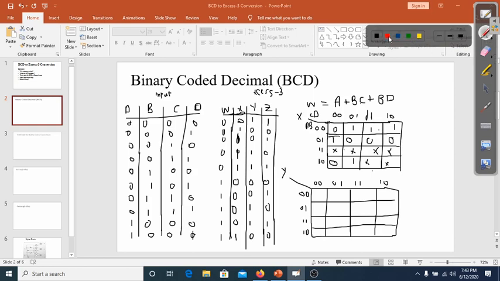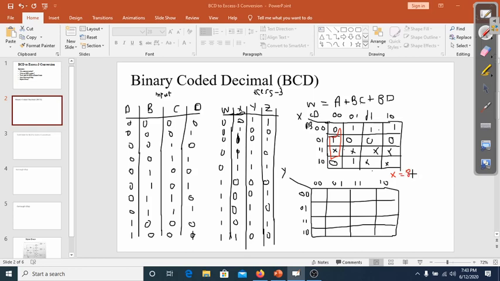It is difficult to select, so by using this box, these two can be simplified. So I can write X is equal to, here A will cancel out, I will get B, and then C prime D prime.